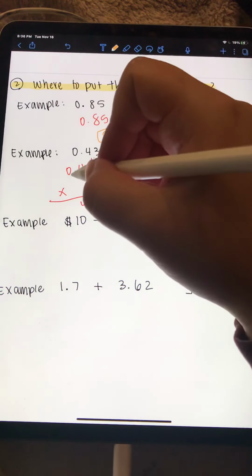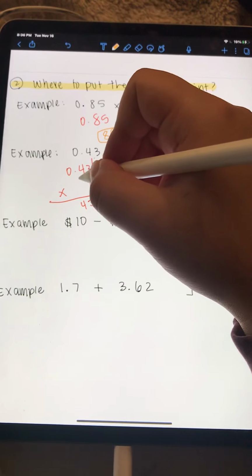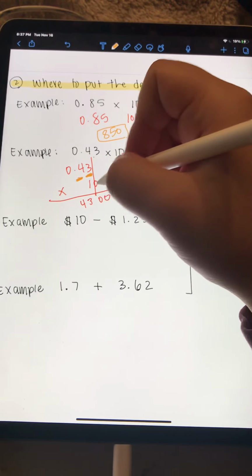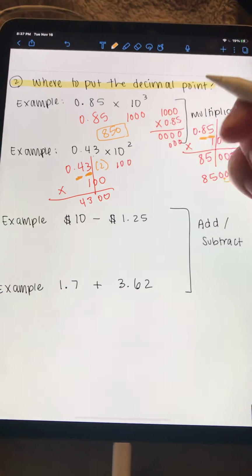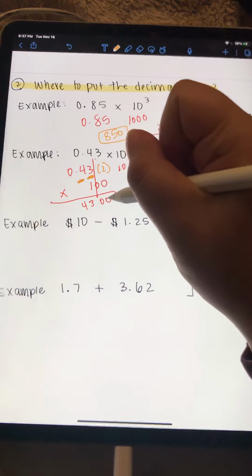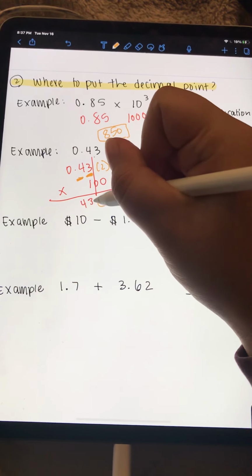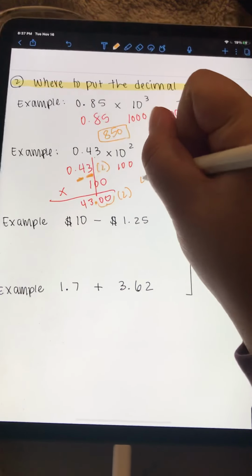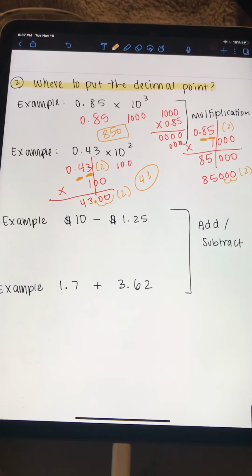How many decimal place values do we have in our factors? Well, there's 2 for the 0.43. There's none in the 100, so we just have 2. That means our answer also has to have 2. So our decimal point goes after 2 decimal place values. So our answer is 43, okay?